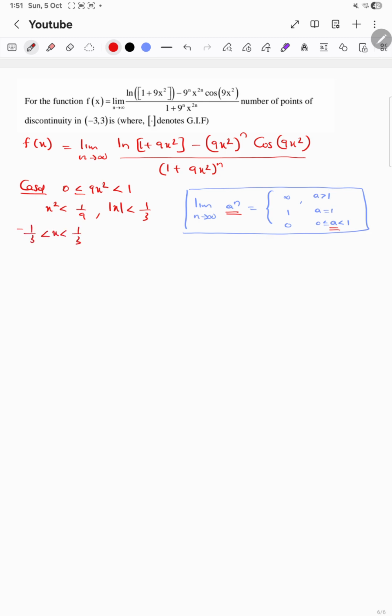Okay. So in this case what will be? Limit n tends to infinity 9x square raised to n. It will be 0. So what will be our function f of x? F of x will be, understand, this is your interval, x lies between minus 1 by 3 to 1 by 3. In that case f of x will be, I applied the limit already, and understand that n is the variable of the limit, not x. N is the variable. So there is no change for x.